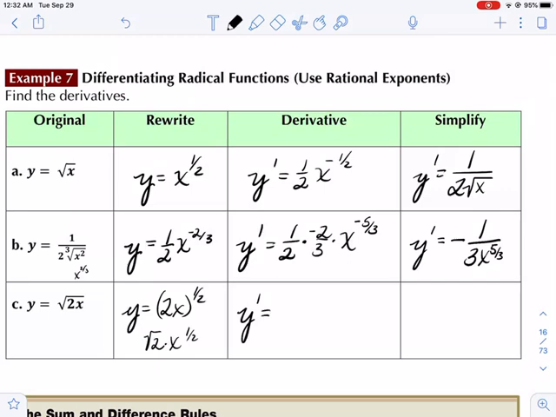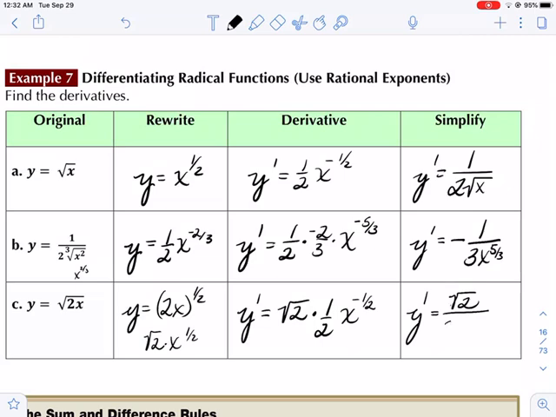Y prime is equal to, I'll keep the square root of 2 out front, and then I'll multiply it by 1 over 2, x to the negative 1/2 power. So then my y prime in simplified form would be root 2 over 2.